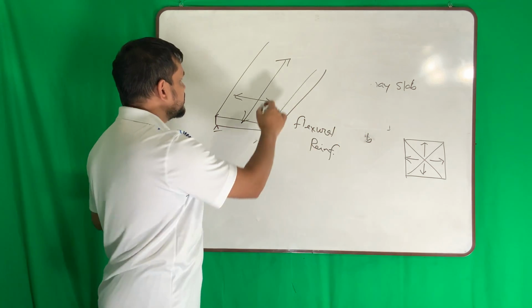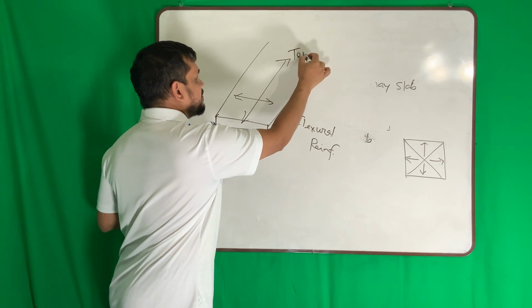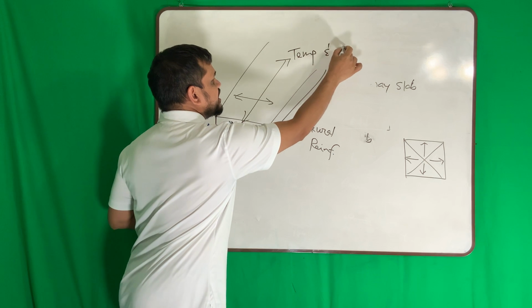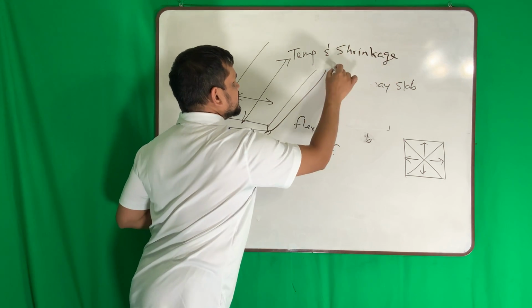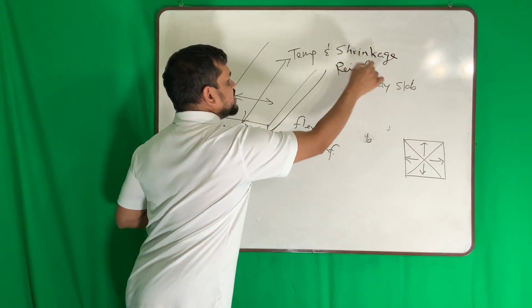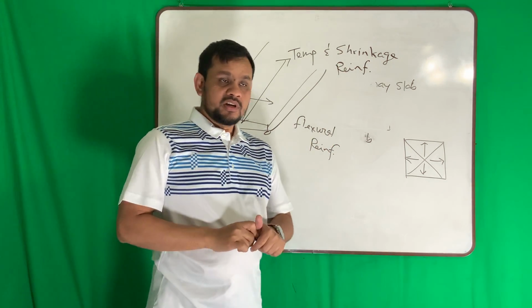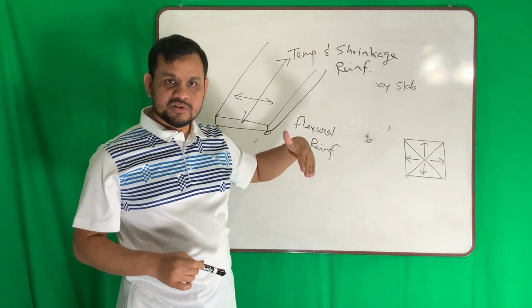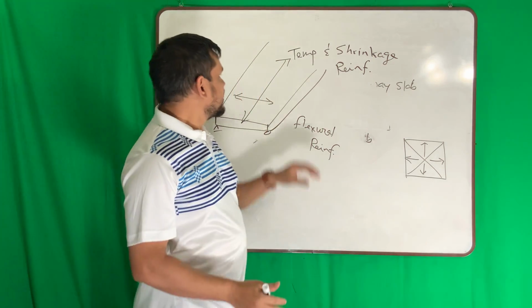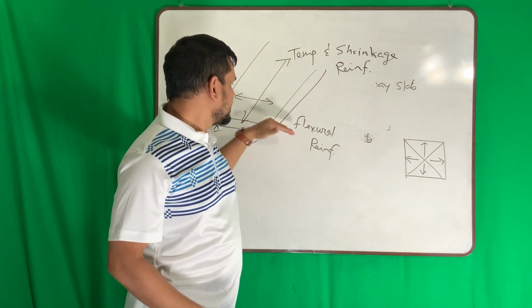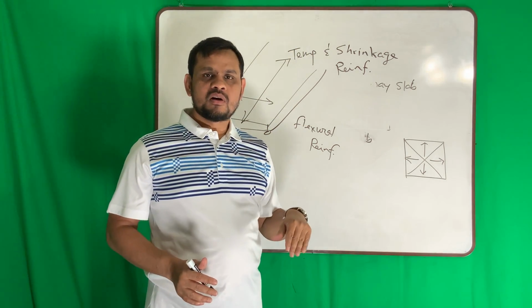So this way we need to provide temperature and shrinkage reinforcement. So this way will be our main reinforcement, that way will be our temperature and shrinkage reinforcement. Typically this reinforcement is less than the minimum of flexural.